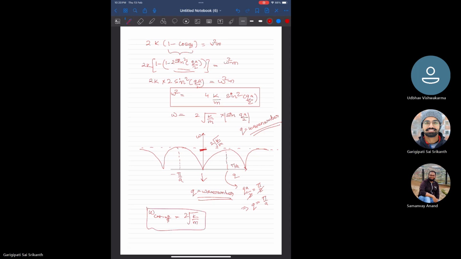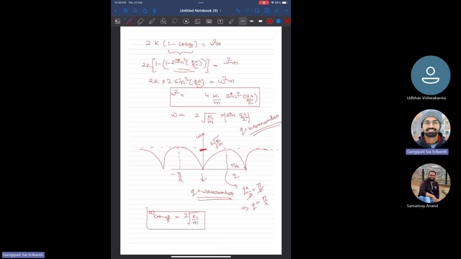Now, what is meant by cutoff? What do you mean that omega above it is not possible? Of course, it's possible. Maybe I excite it at an omega which is higher than this cutoff.